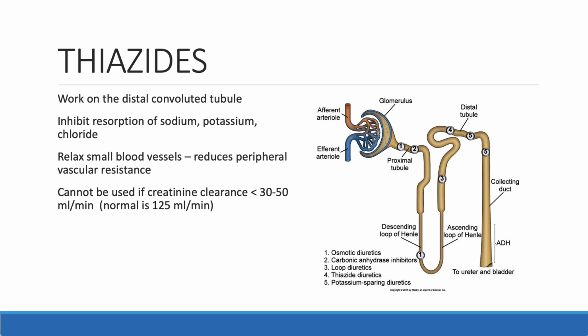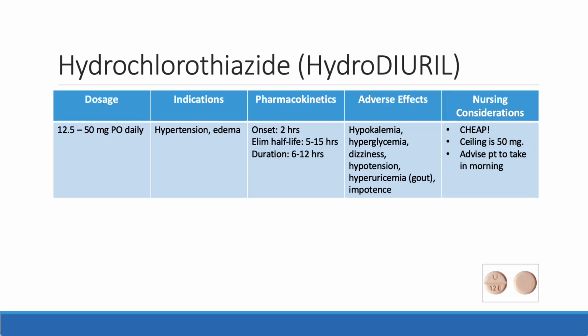So thiazide diuretics have a limit that we can use them. They have to have adequate kidney function, and they don't really work by getting rid of fluids, but rather by reducing peripheral vascular resistance.